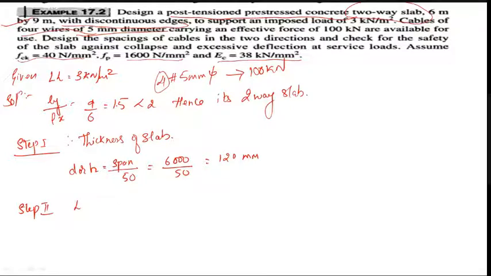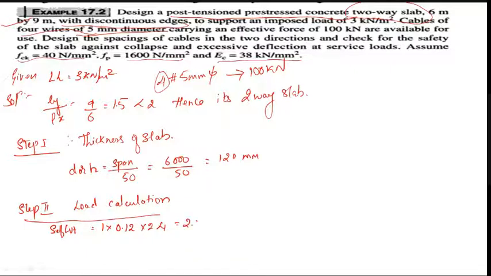load calculation. The first one is self weight. B into D thickness is 0.2 into 24, take density as 24.